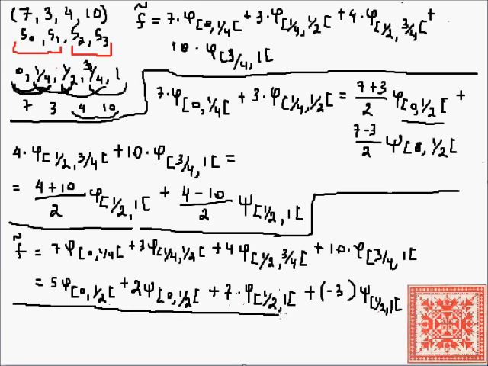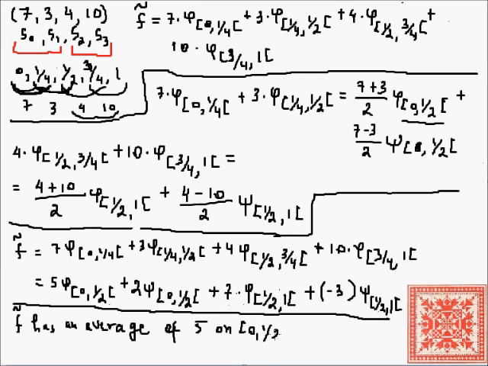So what does that mean? Well, it means that on the first half interval from 0 to half, the approximating function f has an average of 5, on the interval from 0 included to 1 over 2 excluded. It also undergoes a jump of size 2 times the size of the basic wavelet, which is minus 2.